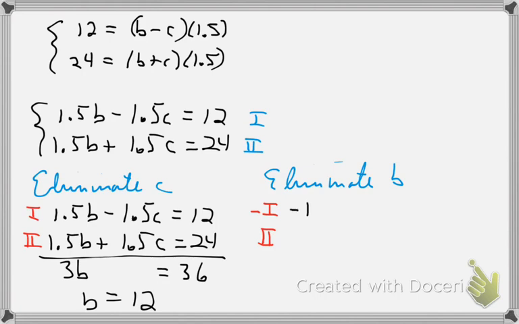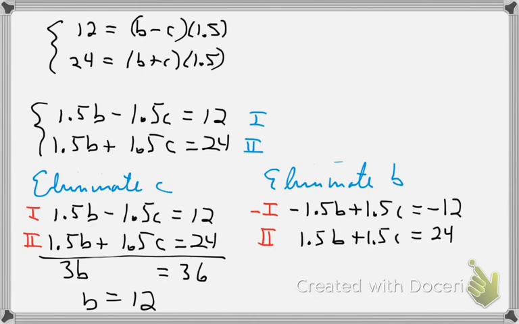That means we get -1.5b plus 1.5c equals -12. And 1.5b plus 1.5c equals 24. So b is eliminated when we add down, and we get 3c equals 12, meaning c is 4.